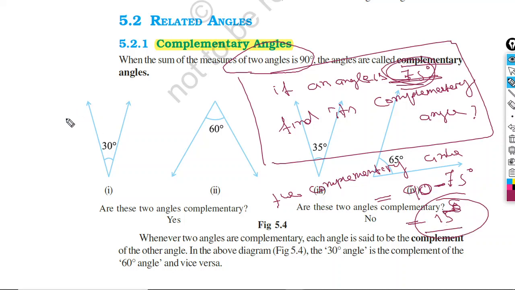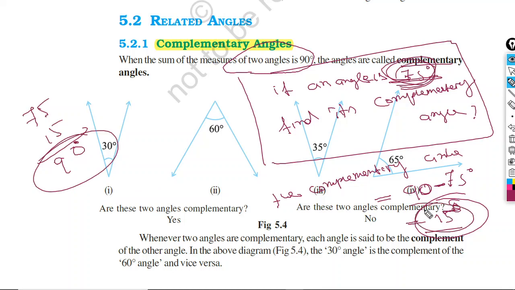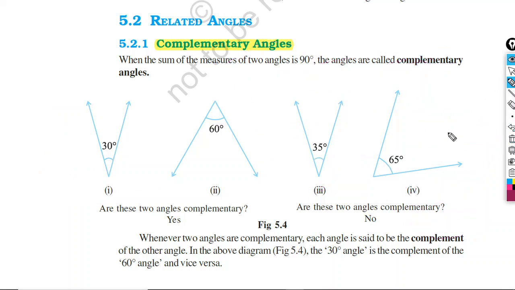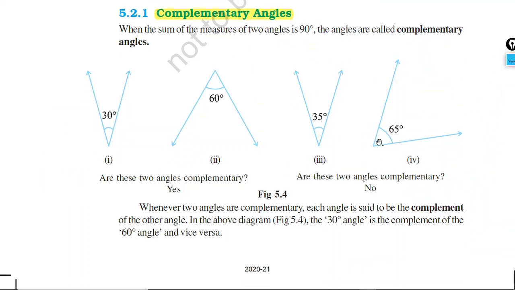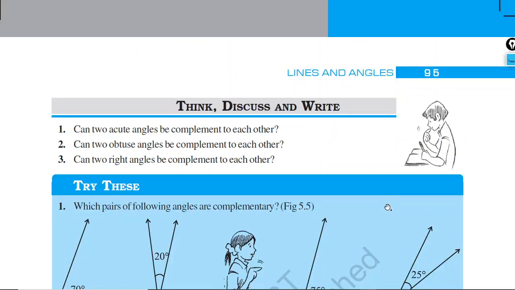Now you can add them: 75 plus 15 equals 90. That means 75 and 15 degrees are complementary angles. So this is about complementary angles.